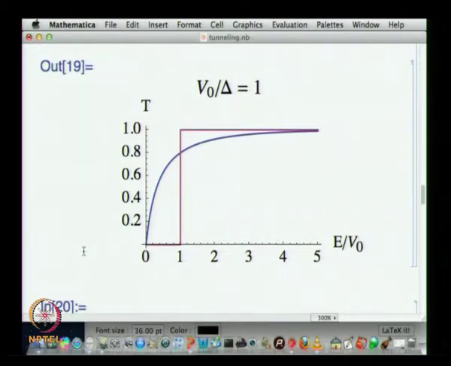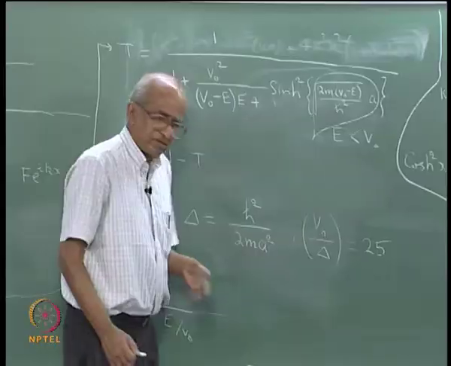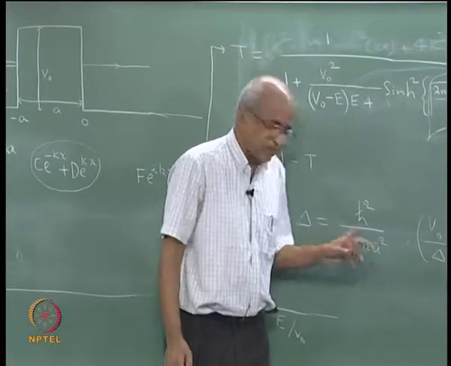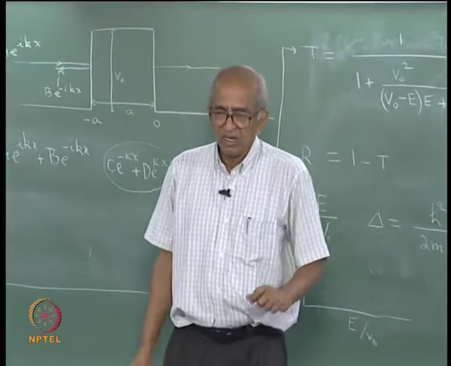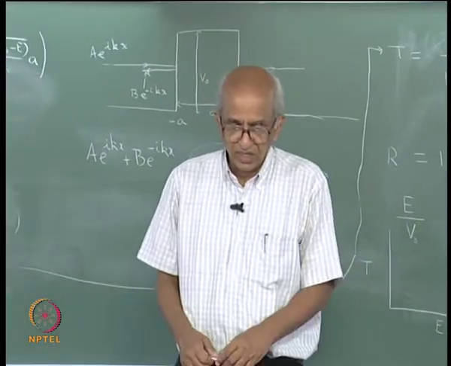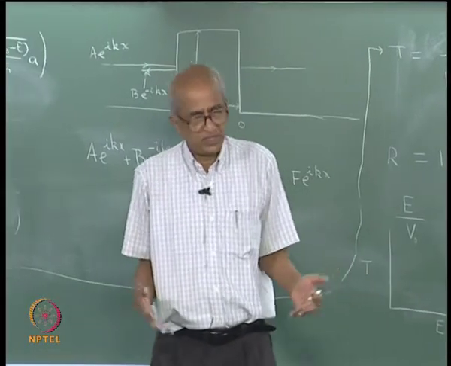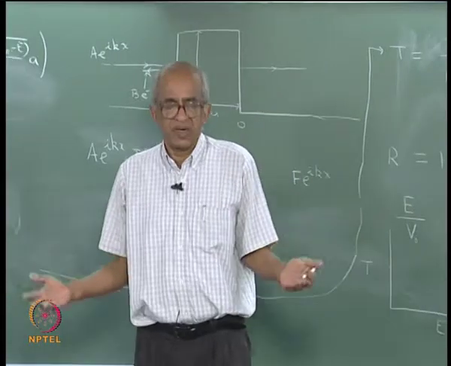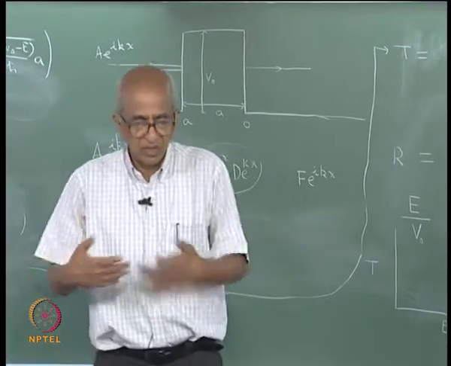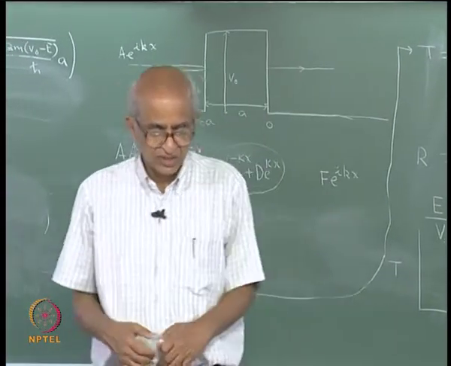This actually means that either the mass of the particle is very small, or maybe the width of the barrier is very small, and in such a situation what happens? You can see the plot. If you plotted T against E by V0, you get this curve which shows that there is considerable probability that the particle will tunnel through, which is not surprising because it is a light particle, so it would go through the barrier as a wave and go to the other side.